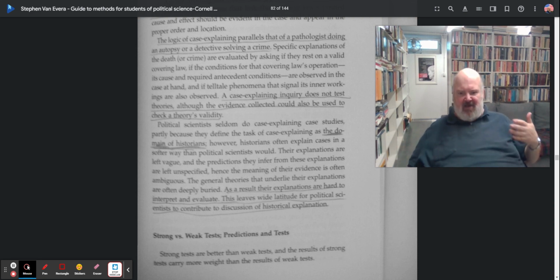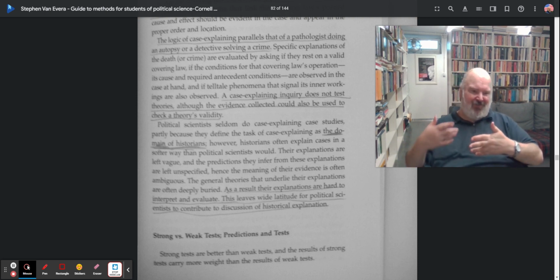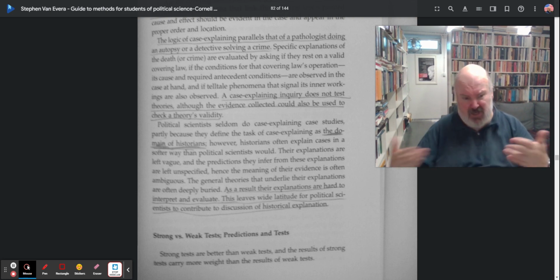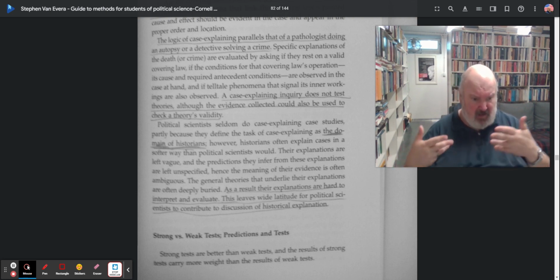Their explanations are left vague, and the predictions they infer from these explanations are left unspecified. Hence, the meaning of their evidence is often ambiguous. This is the political scientist criticism of most historical research. It's too vague, it's too general. They don't make specific predictions.